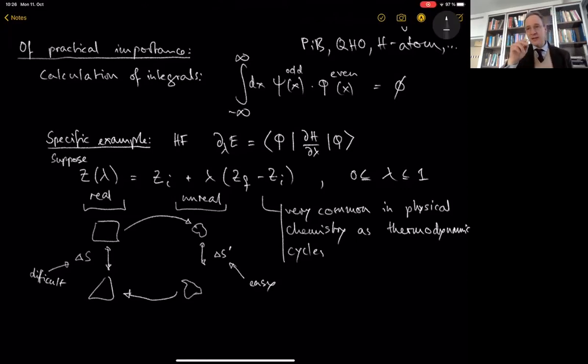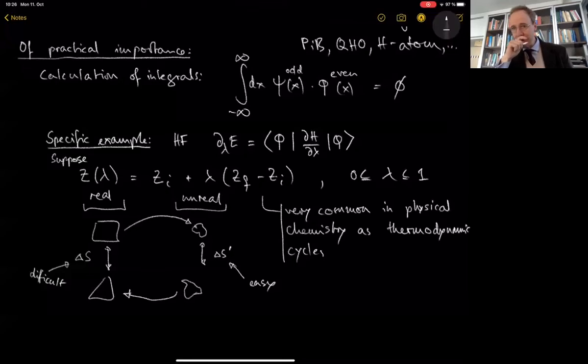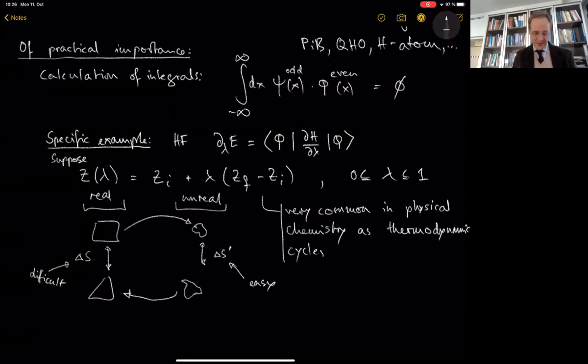And now because we have a conservation principle, right? The path doesn't matter, and so you can sum up these three arrows, and the sum over the whole cycle must be zero, right?